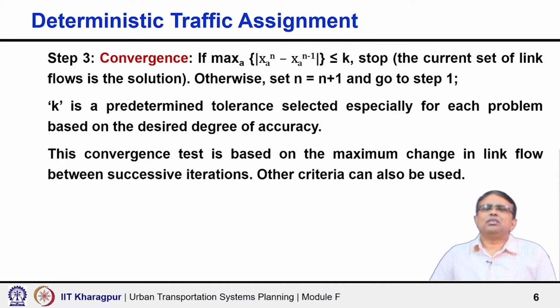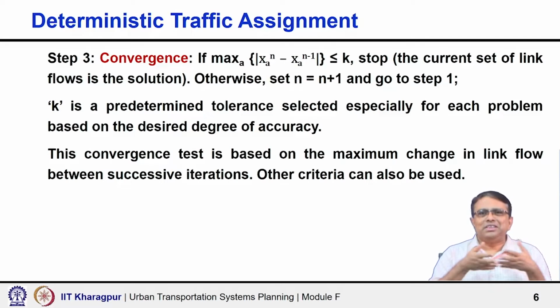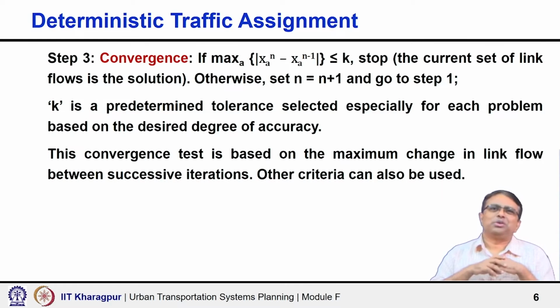If you consider multiple origins and multiple destinations, then not always for every path a new path will come up, and you therefore keep a threshold: when from one iteration to another the maximum change is within this permissible limit, that means not much change is happening, and whatever change is happening is acceptable to you, because you consider that change negligible. So that way also one can decide where to stop.